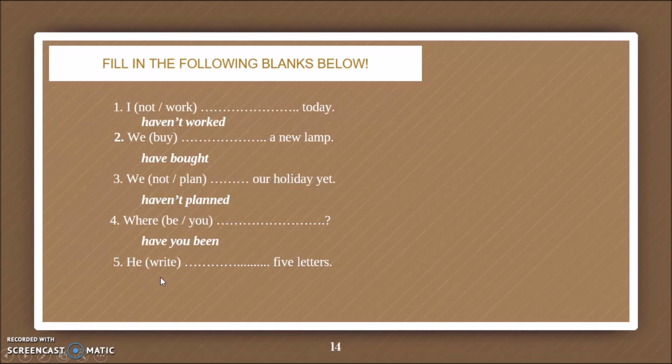This is so simple. This is the positive form of present perfect tense. So the first thing, we have to add the auxiliary verb based on the subject he, and we have to change write into the past participle. So the answer is, he has written 5 letters. It is so simple, right?